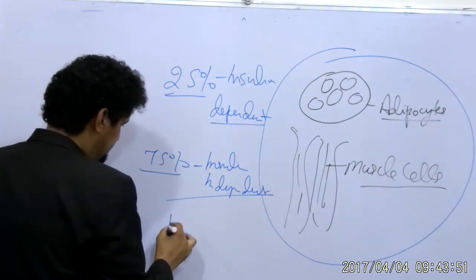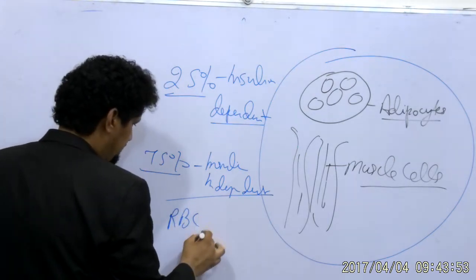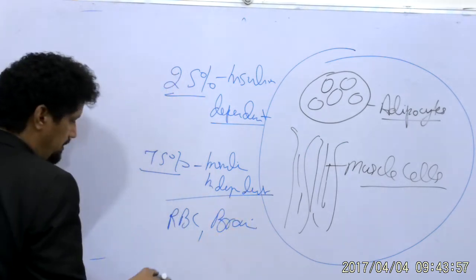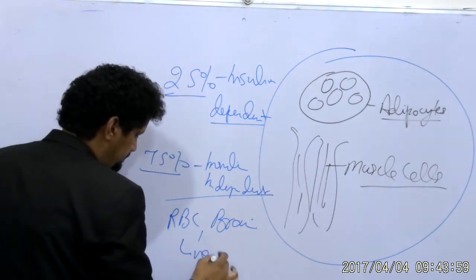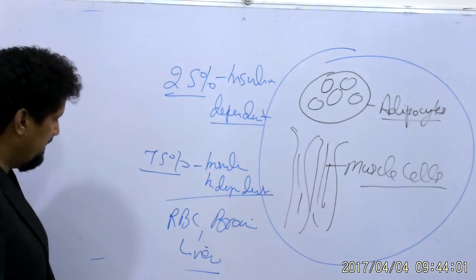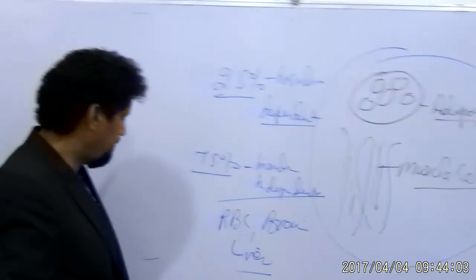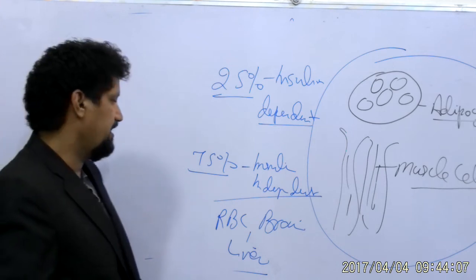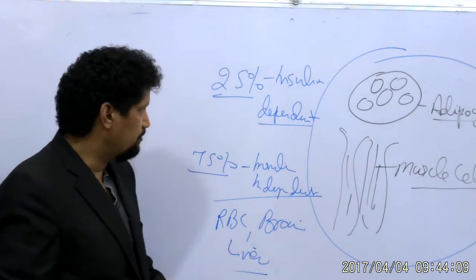Mainly in the RBCs, the brain, and the liver. The liver is mainly insulin independent, but the conversion of glucose into glycogen and fatty acids is dependent on insulin.